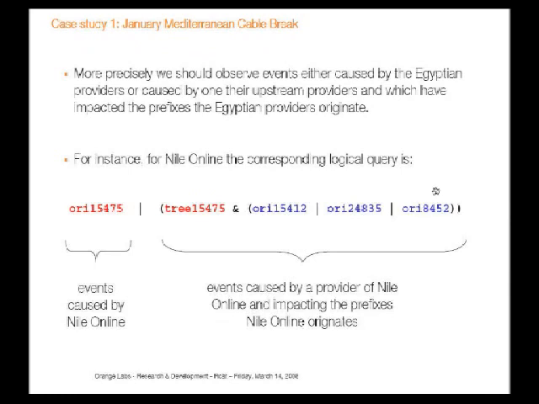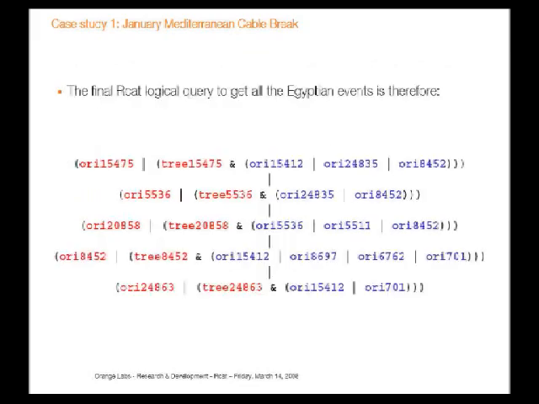So this is a logical query just for Nile Online. Now we do the same for all the Egyptian providers, and using logical OR, we build this huge logical query, which we expect will give us all the Egyptian events caused by the cable breaks.